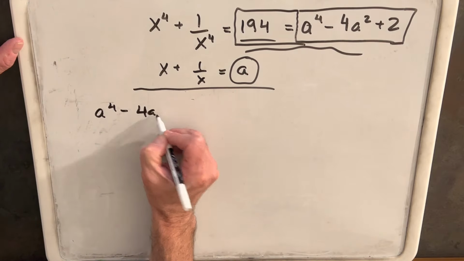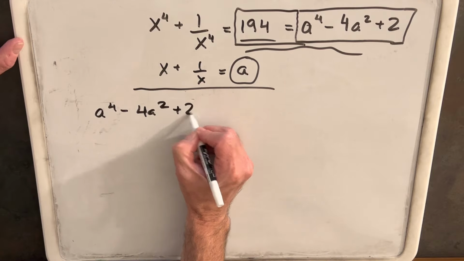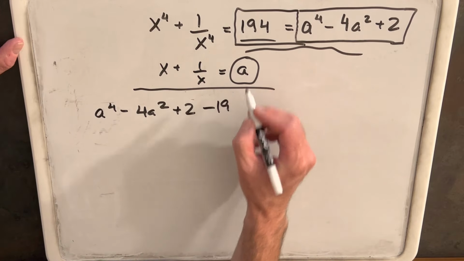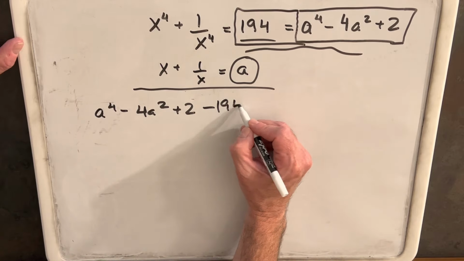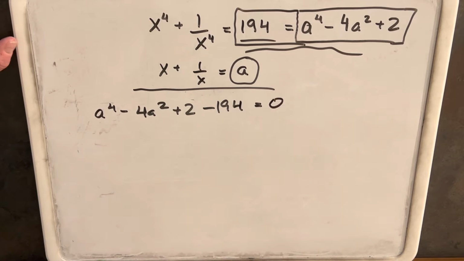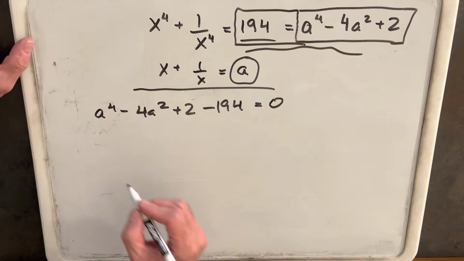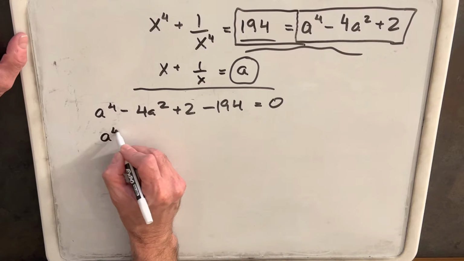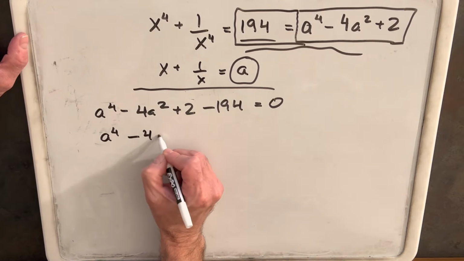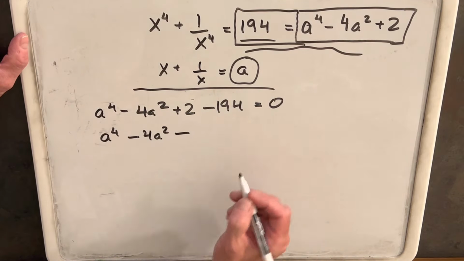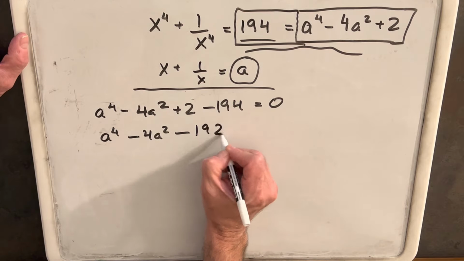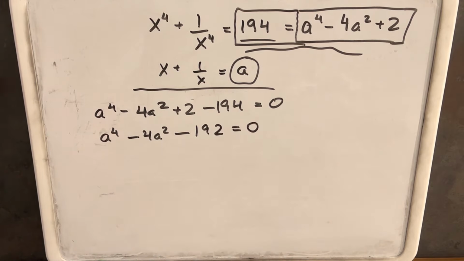So doing that, what I can do is subtract 194 from one side of the equation and get this all equal to 0. So we have a polynomial. This is going to be a to the fourth minus 4a squared minus 192 equals 0. Now you might notice this is actually a quadratic now.